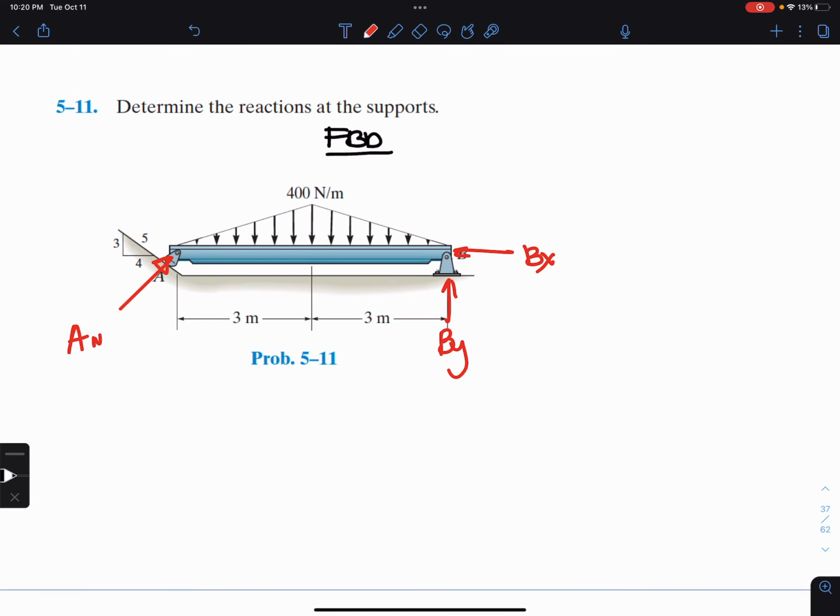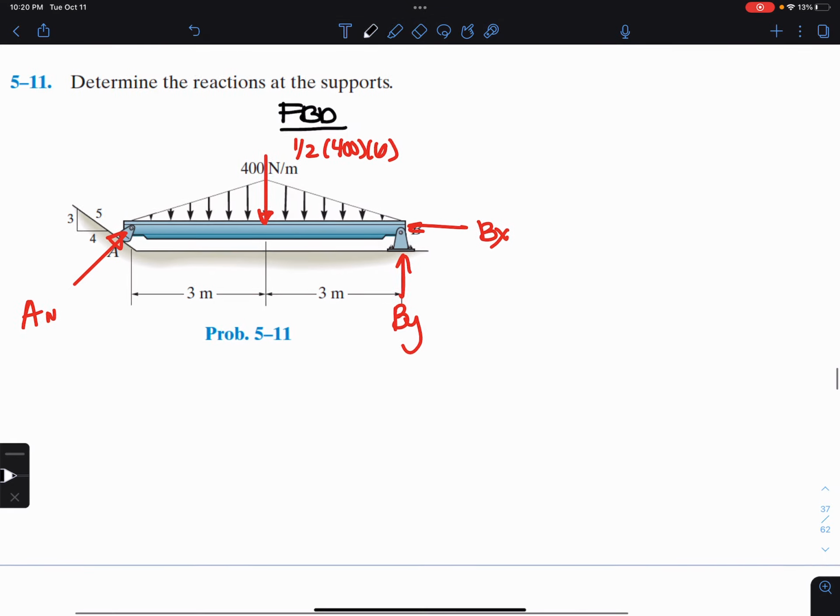The resultant acts at the center of that system because it's symmetric, and the value is the area of the triangle, so 1/2 times 400 times 6. That is our FBD. Next step is equilibrium.